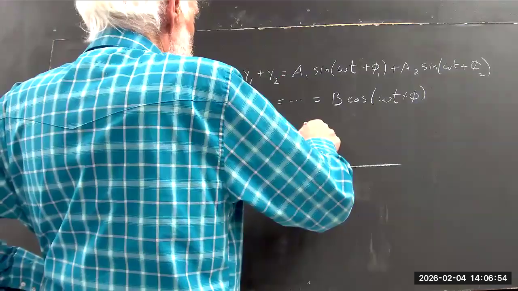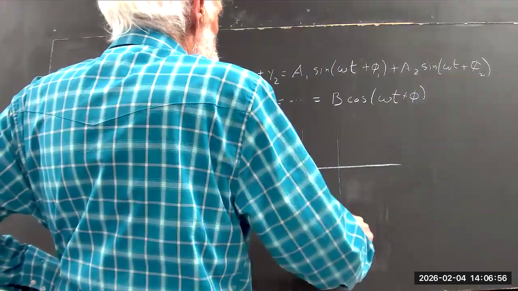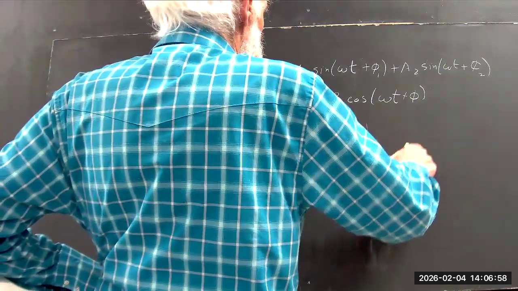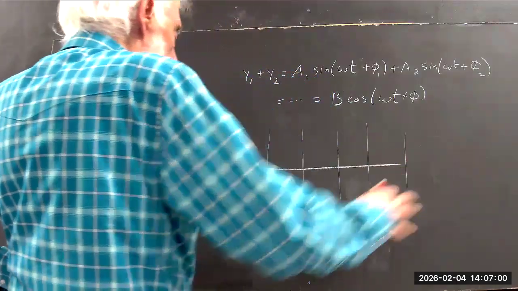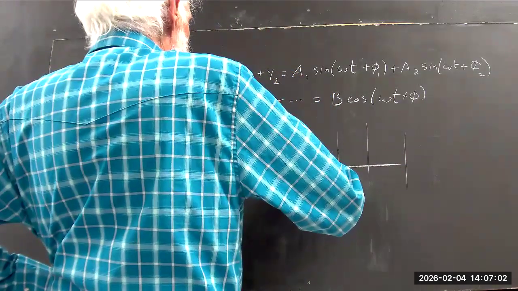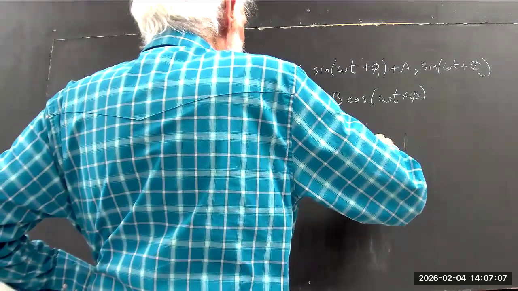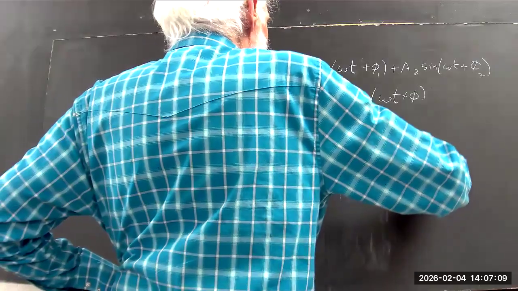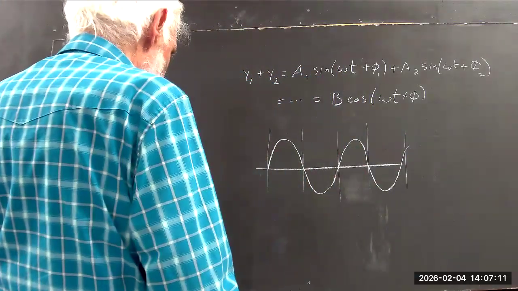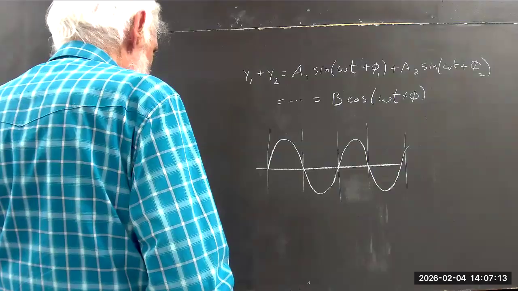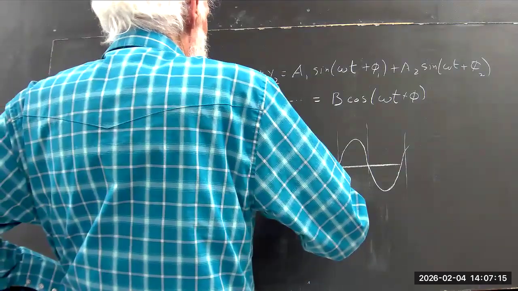Okay, so let me just say you got two waves with the same period. And one of them just happens to be nice like this. And another is out of phase with it.